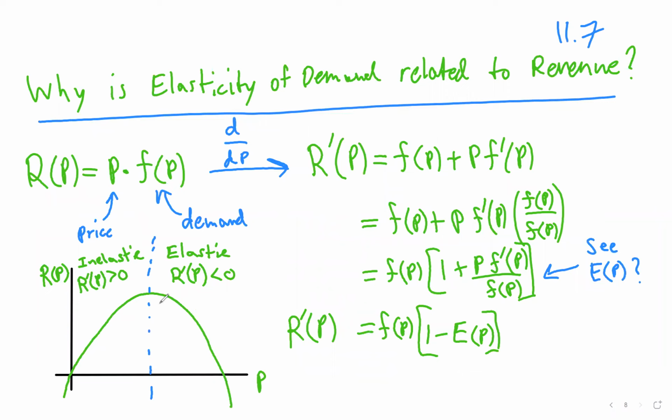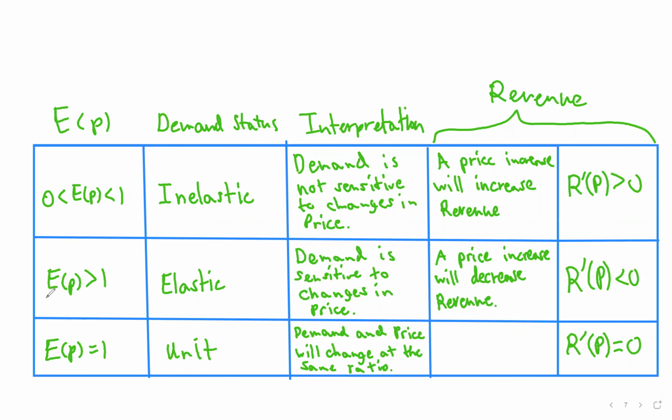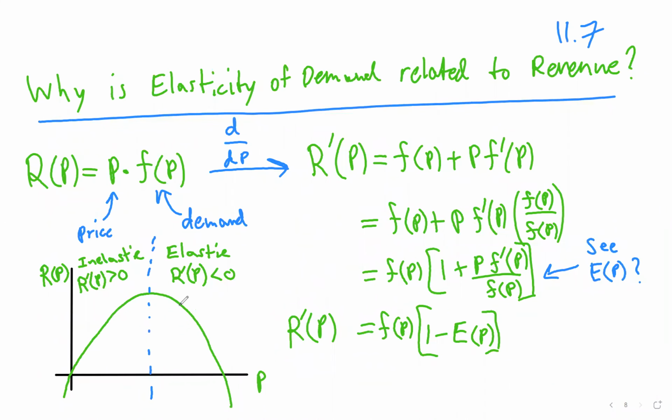And we also have the corresponding situation where demand is elastic, and we have E of P greater than 1. Then the revenue derivative with respect to P would be negative, and so revenue would be decreasing. So we've got this elastic situation with R prime of P less than 0 and a decrease in revenue if we have an increase in price.